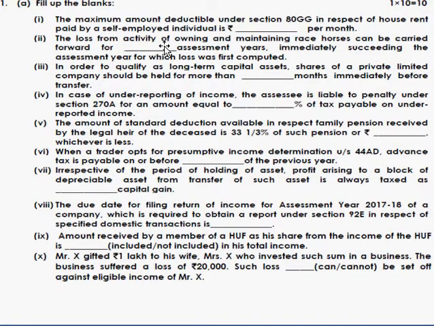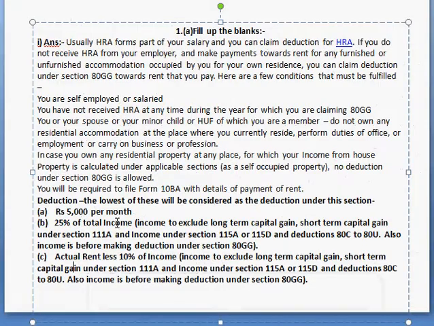The loss from the activity of owning and maintaining racehorses can be carried forward for how many assessment years immediately succeeding the assessment year for which the loss was first computed? So look, if some person has put his money in racehorses and regularly is getting loss, then after the first computed year of loss, up to how many assessment years can he carry it forward?